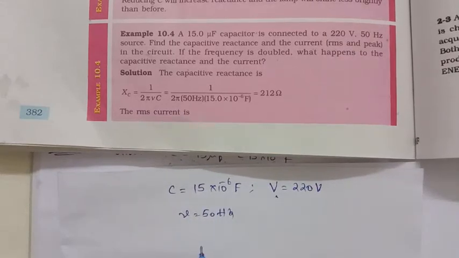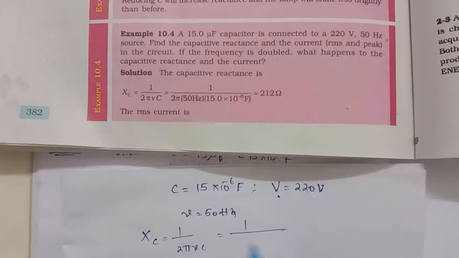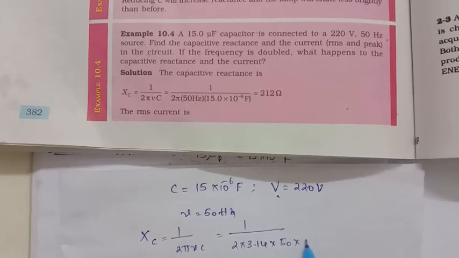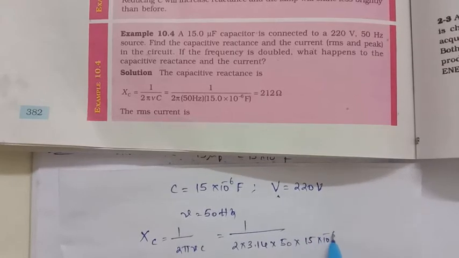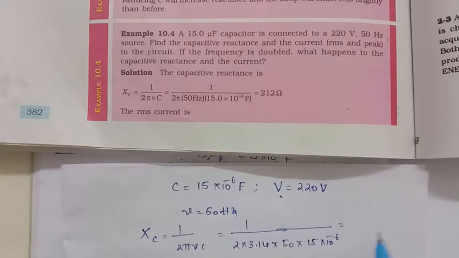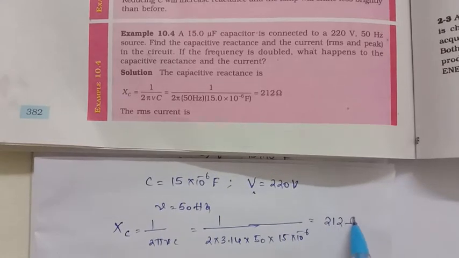Find the capacitive reactance. The reactance of the capacitor XC is equal to 1 by 2 pi nu C. Here pi is 3.14, the frequency is 50 Hz, and C is 15 into 10 to the power of minus 6. What are the units of the resistance? Ohms. By calculating, the value we get is 212 ohms.